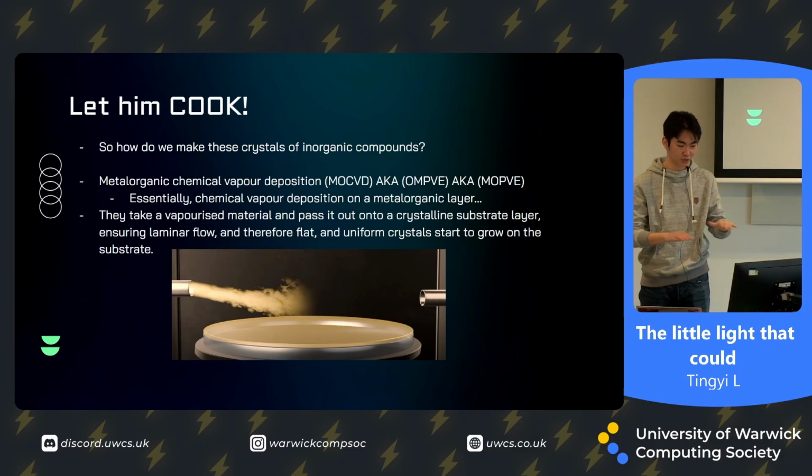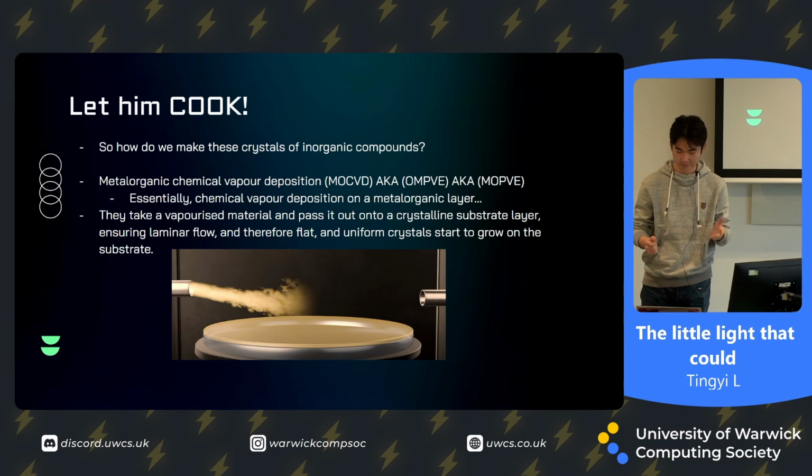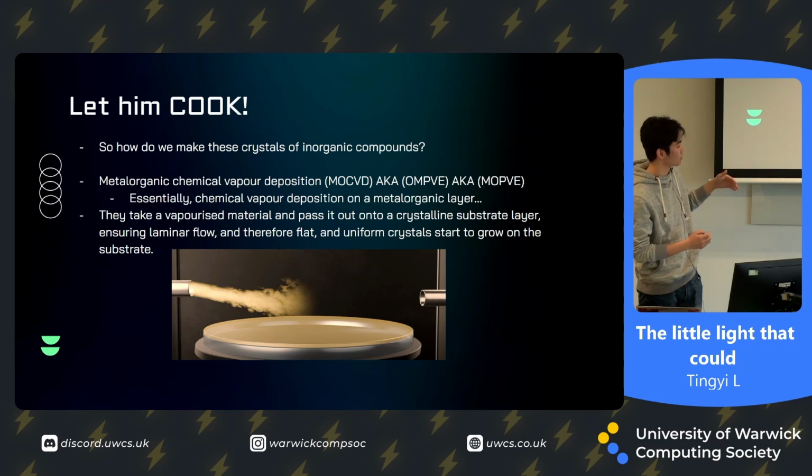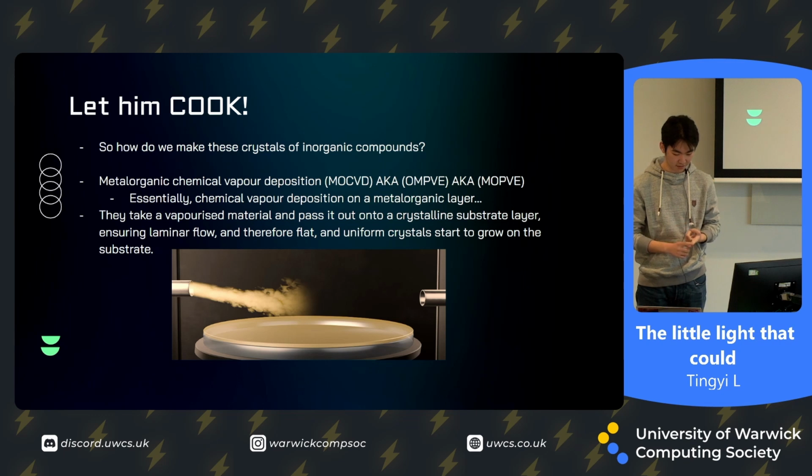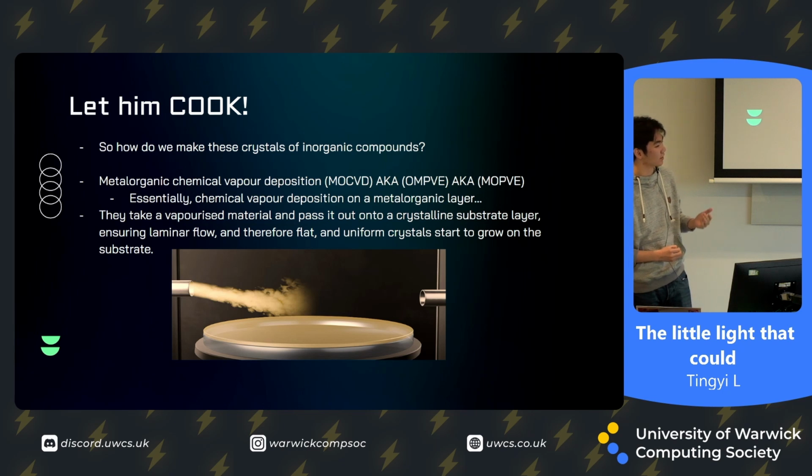As long as they ensure laminar flow, with no turbulence in the gases flowing over the substrate, uniform and very flat crystals without any impurities or dents start to grow on the substrate. Because you want as smooth an electron flow as possible, this is probably one of the only ways to make a good, uniform, as perfect as possible crystal lattice.